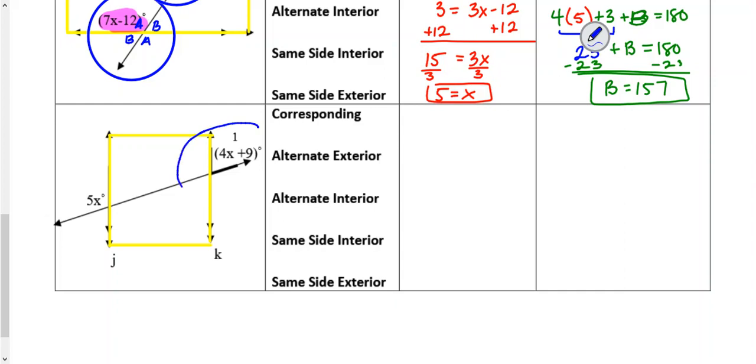So I have this circle, and I have this circle, and labeling my A's and B's. So A and B.